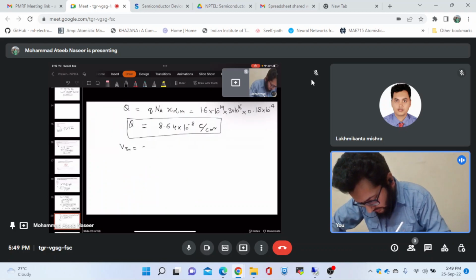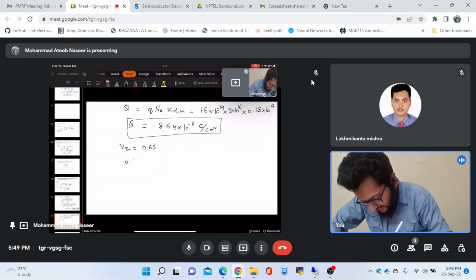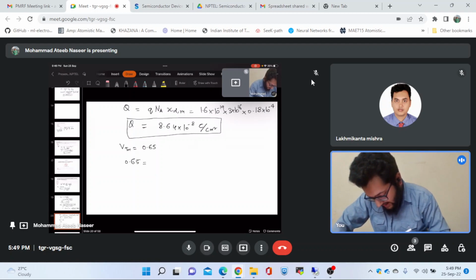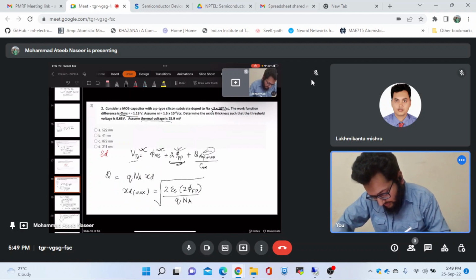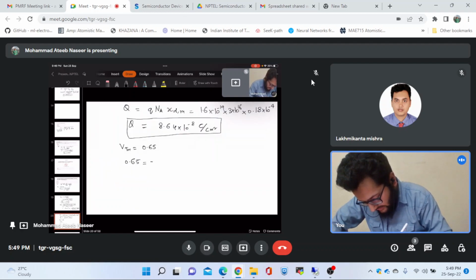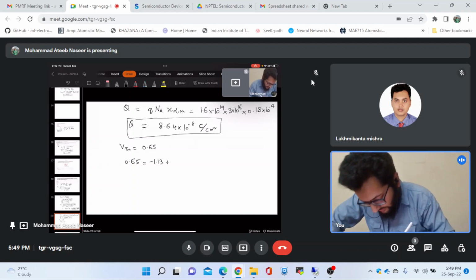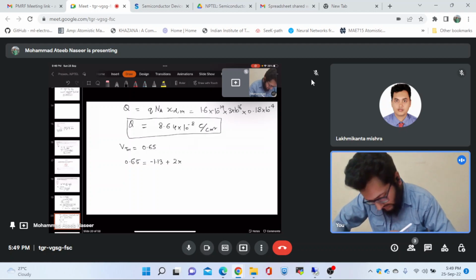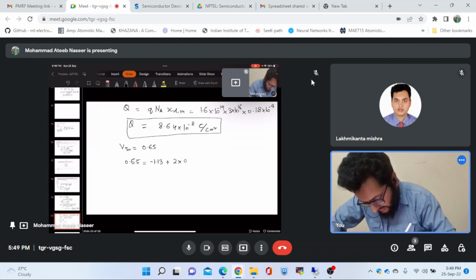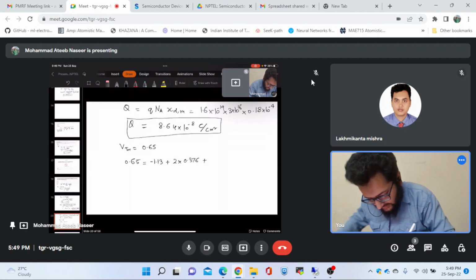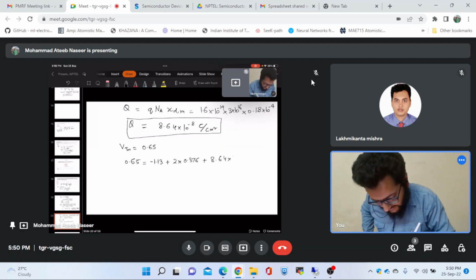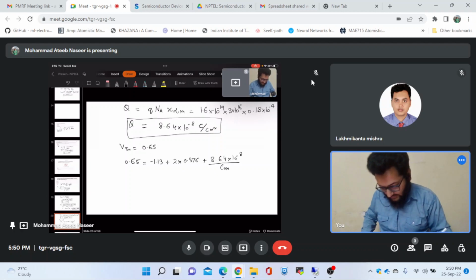So I will write 0.65 equal to phi ms, which is given to be equal to minus 1.13, plus 2 phi fp, which is simply 2 into 0.376, plus this charge 8.64 into 10 raised to the power minus 8 divided by Cox. This is what Cox would look like.